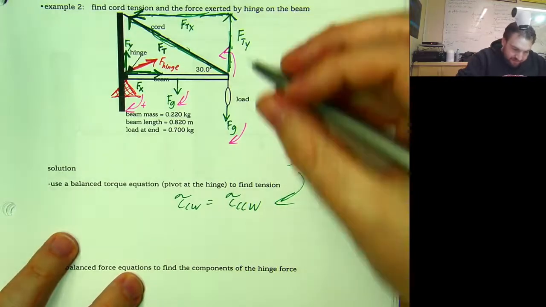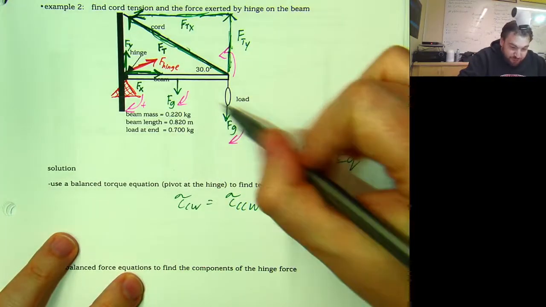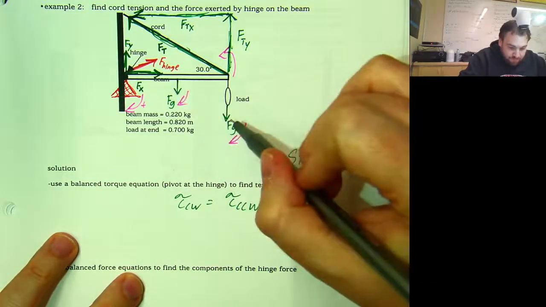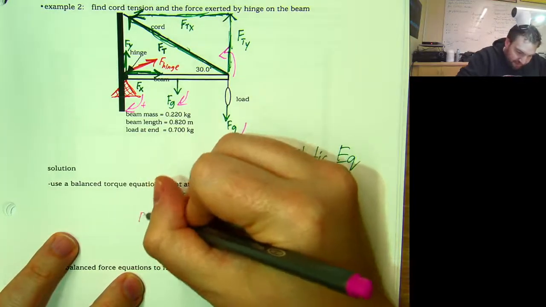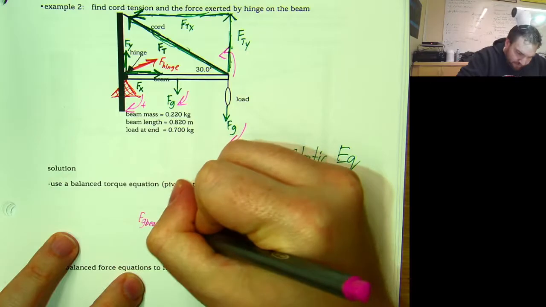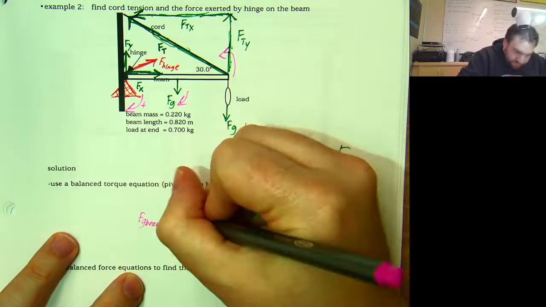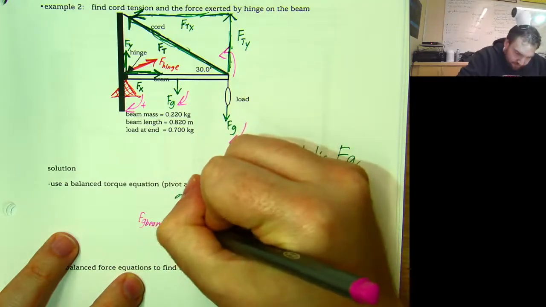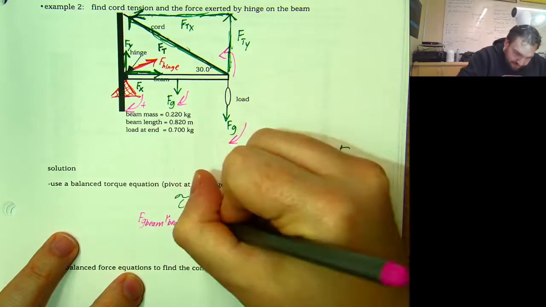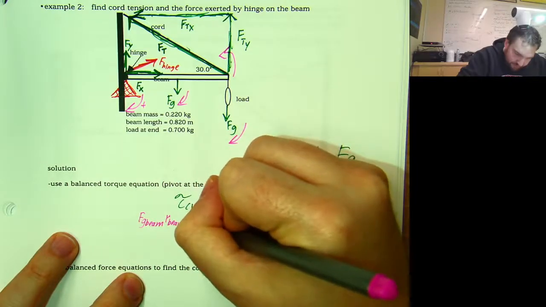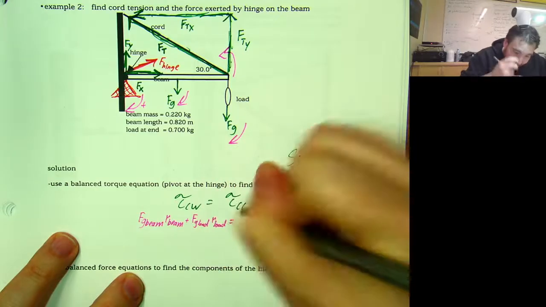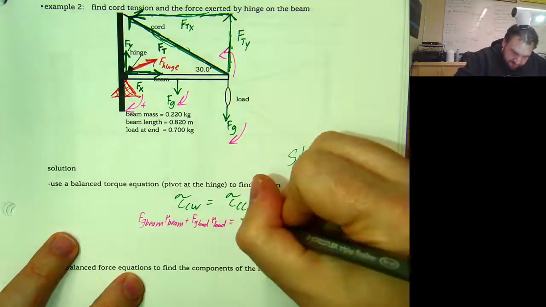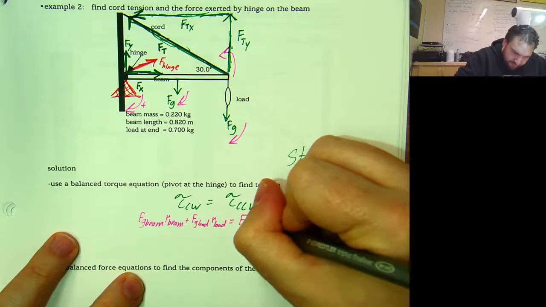Then I've got my two FGs acting clockwise. So I'll call this FG beam times R beam plus FG load times R load equals FT.